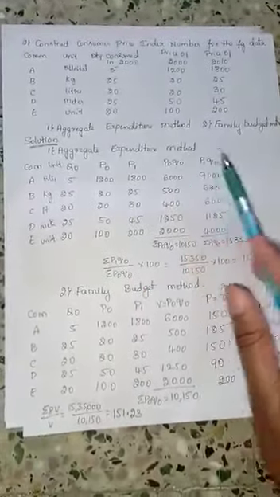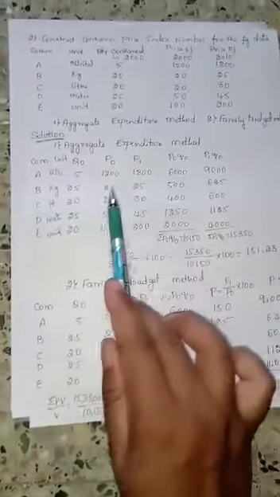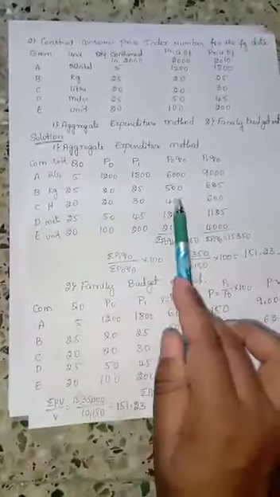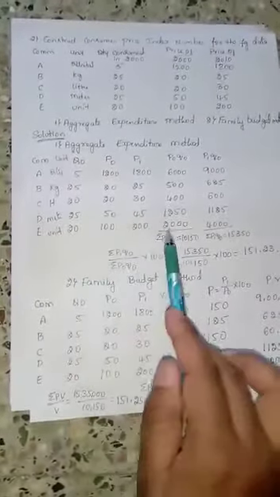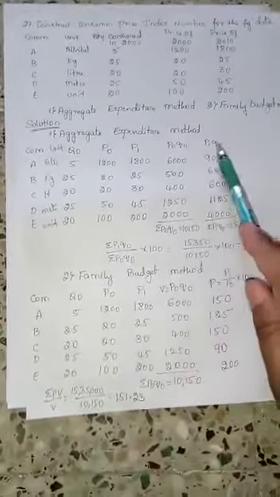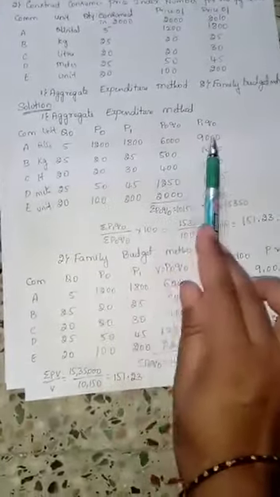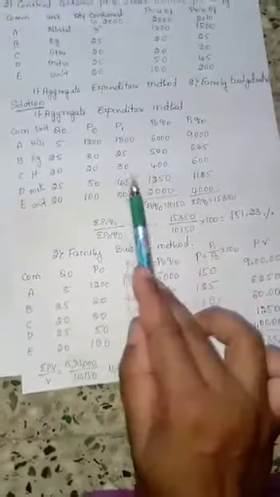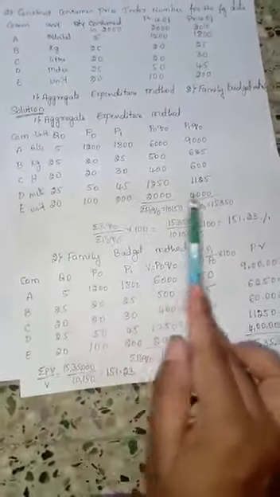P0 Q0: 1200 into 5, 6000. 20 into 25, 500. 20 into 20, 400. 50 into 25, 1250. 100 into 20, 2000. Then we have to calculate P1 Q0. 1800 into 5, 9000. 25 into 25, 625. 30 into 20, 600. 45 into 25, 1125. 200 into 20, 4000.